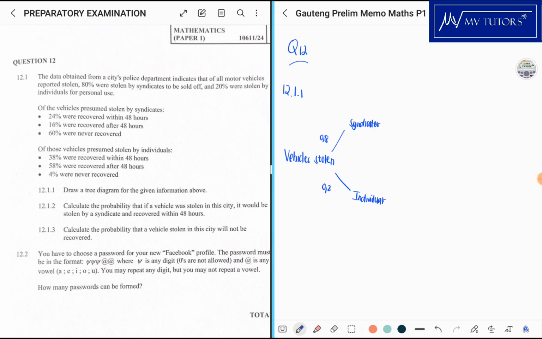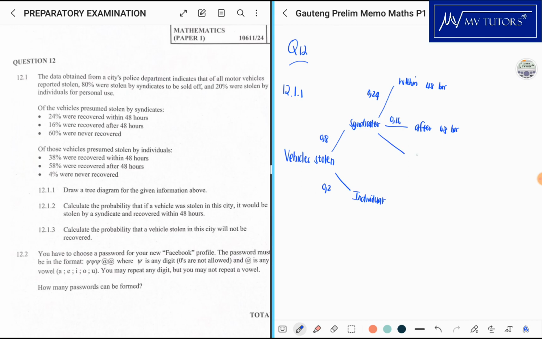Now by the syndicates, 24% recovered within 48 hours, that is 0.24. 16% recovered after 48 hours, that is 0.16.